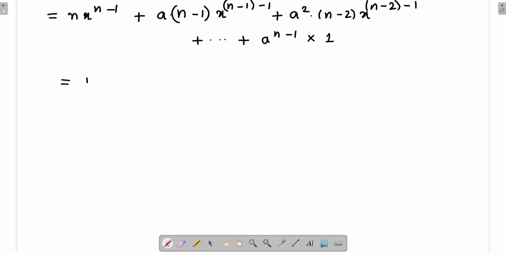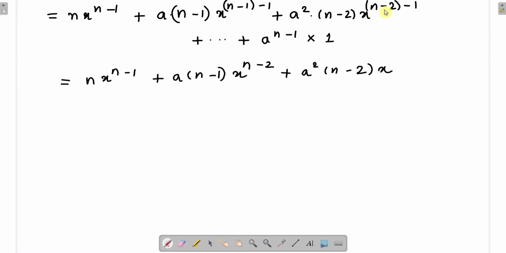Now this will be equal to n times x raised to n minus 1 plus a times n minus 1 x raised to, now you can see this is n minus 1 minus 1, so minus 1 will be minus 2, so n minus 2 you will get, plus a square n minus 2 x raised to, this is n, and minus 2 minus 1 will be minus 3, right, and so on, plus a raised to n minus 1.